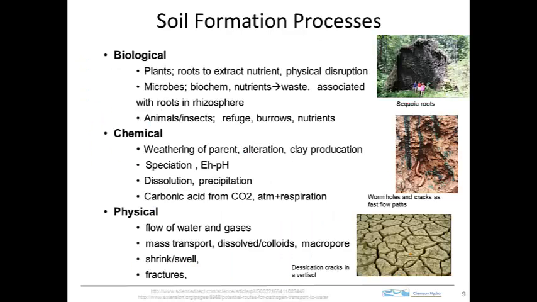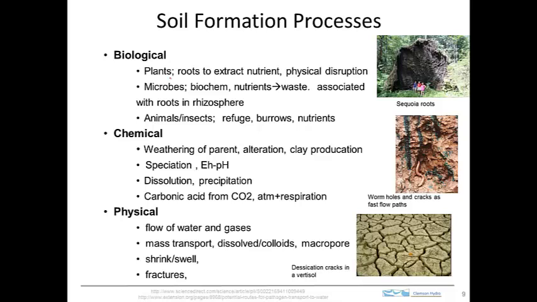So there are going to be three main processes that we'll be interested in when we're concerned with the formation of soils. Biological processes. These are plants, microbes, animals that will modify the composition and the structure of the geologic deposits.